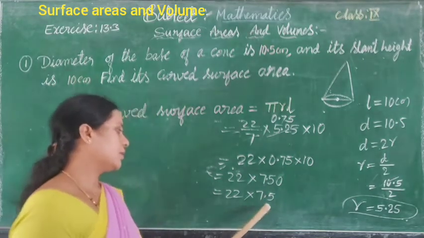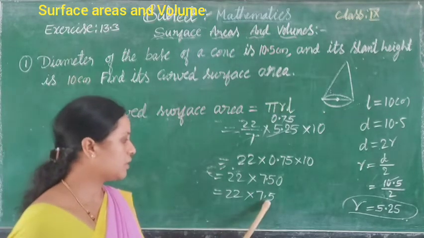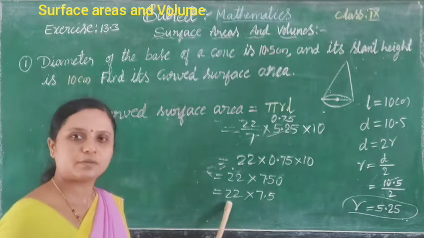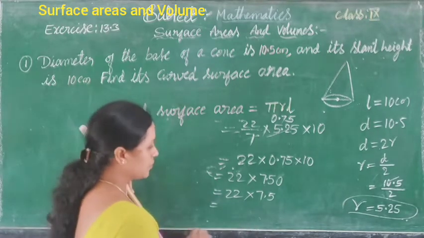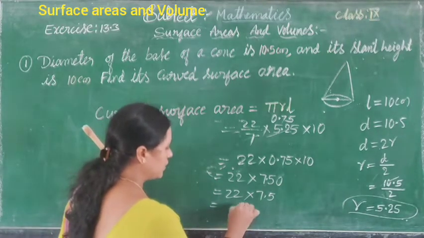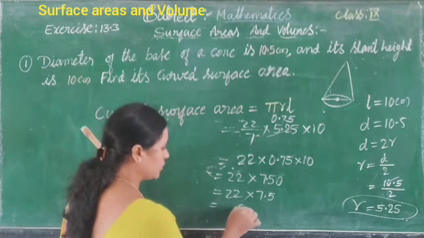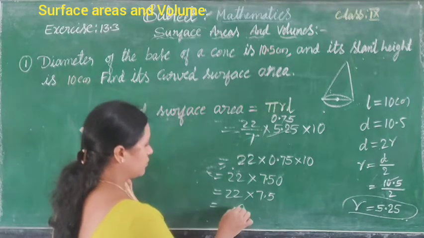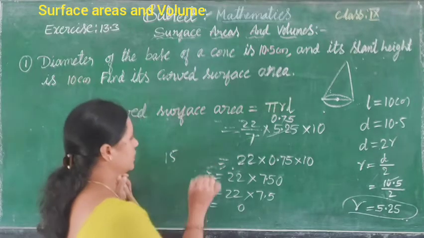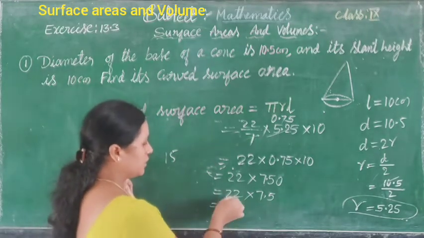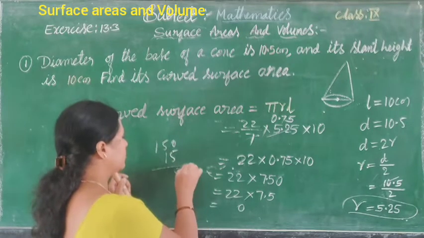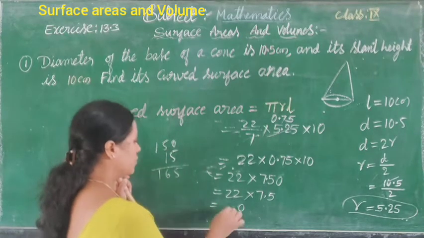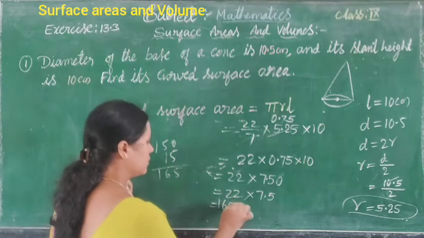Now you can multiply this 7.5 into 22. So 75 twos are 150. Write 150. What is the left one? Again 75 twos are 150. Now we can add them. That is 1650.